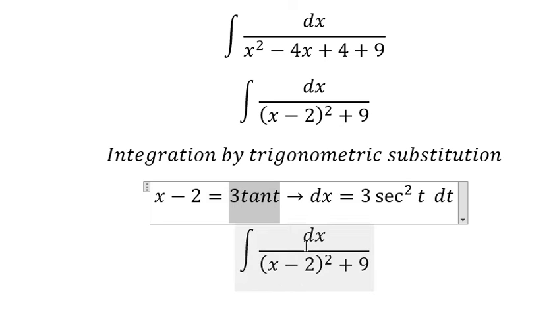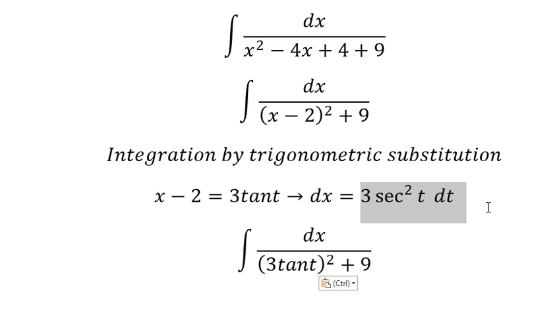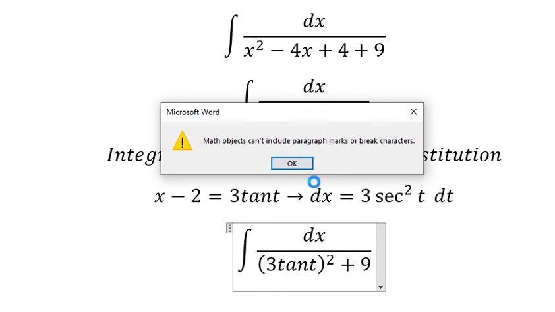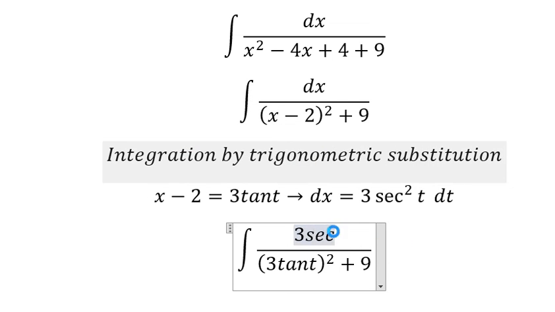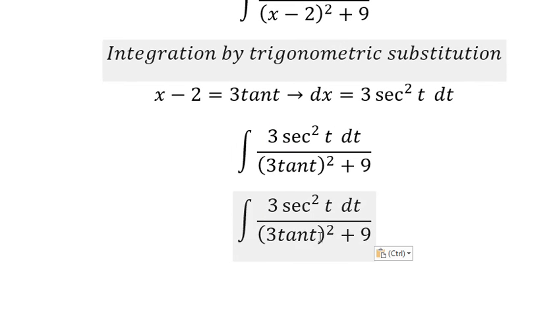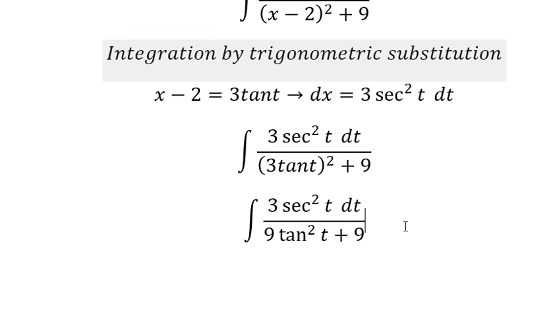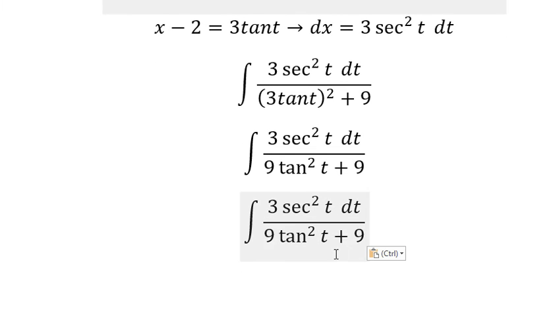So I will put this one going in here. ds we change by this one. So we get 9 tan t squared. Number 9, we can do factorization.